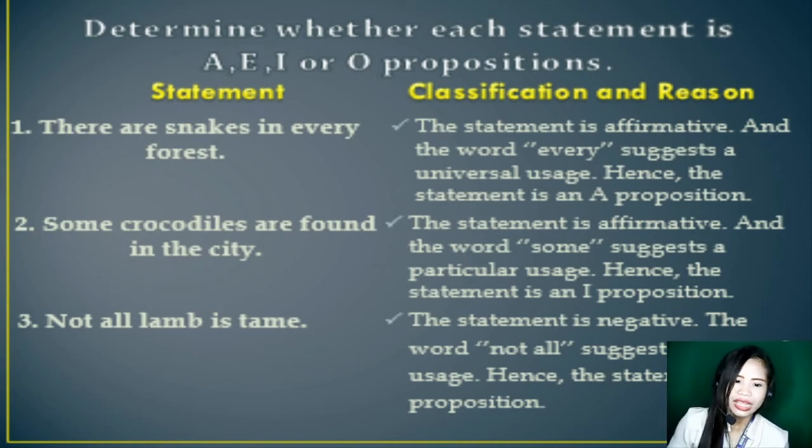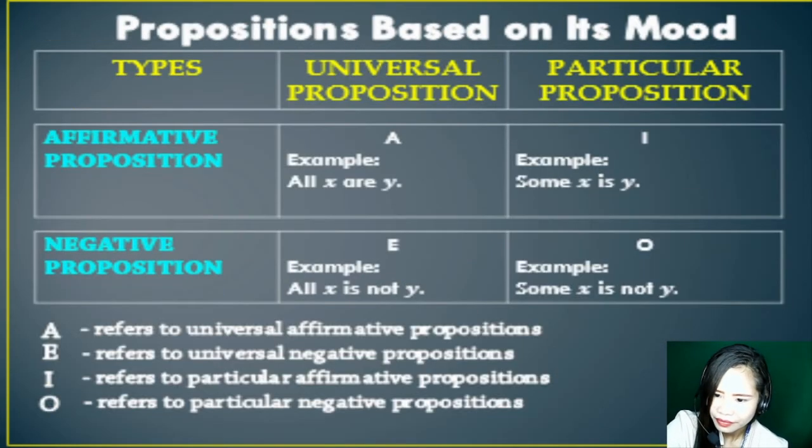So let's try to identify if it's A, E, I, or O. What is A again? Yes, universal affirmative. How about E? Yes, E is universal negative. I is particular affirmative, and O is particular negative.